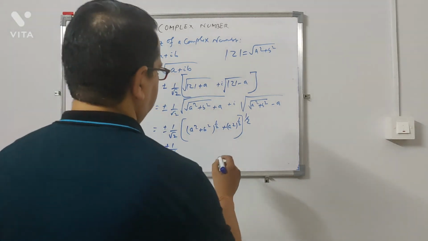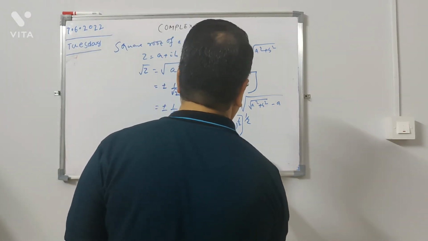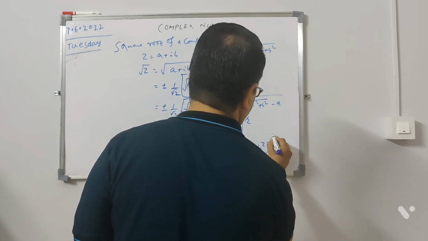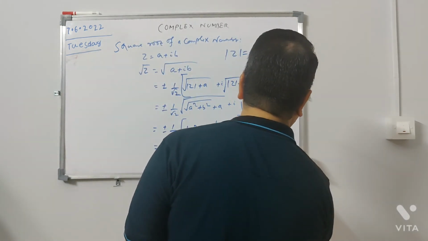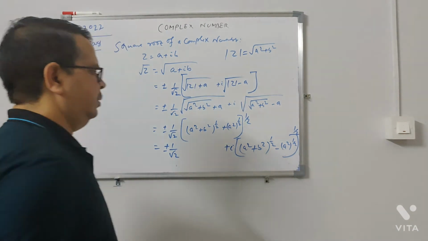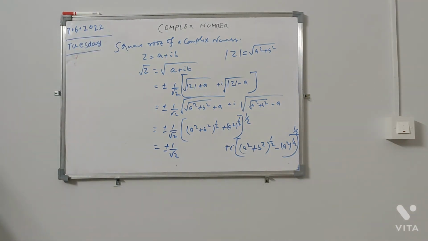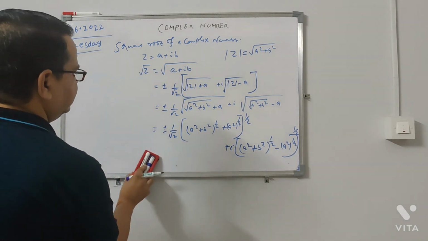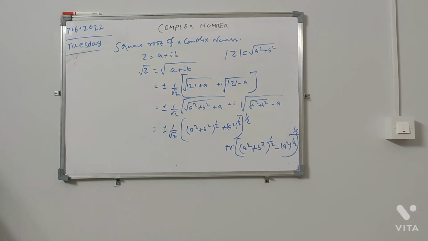And then plus i into (a square plus b square) to the power half minus a square to the power half, then this whole thing to the power half. So it gets simplified to this.